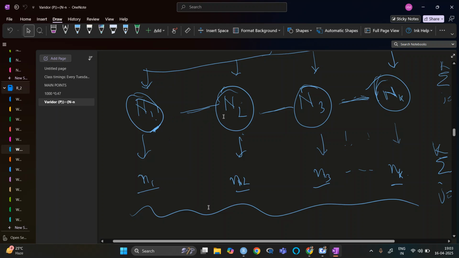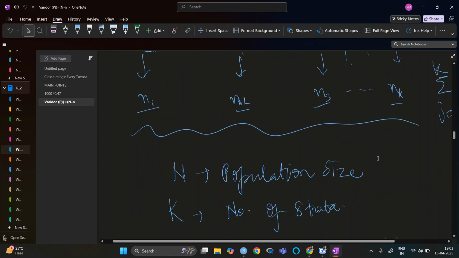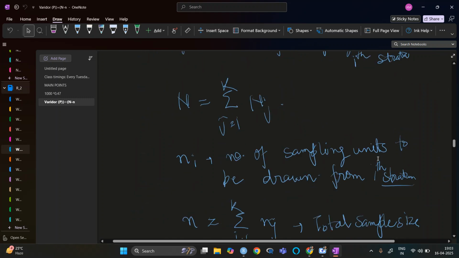Between two strata, there needs to be heterogeneity, because if the two are almost the same, it is a waste of time to divide them into two strata. So inside one strata you need homogeneity, and between two, three or multiple strata you need heterogeneity.